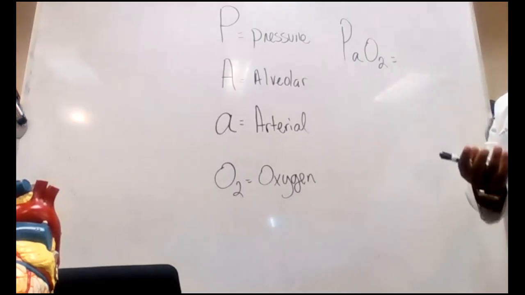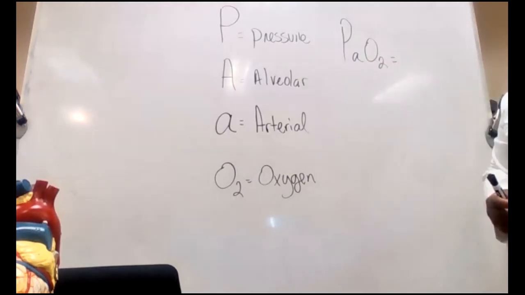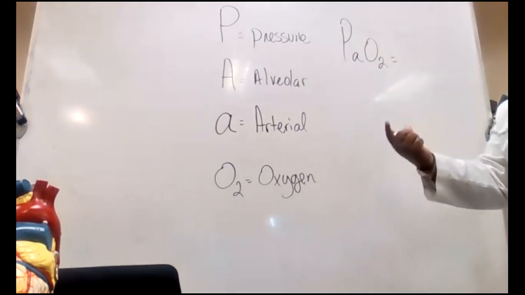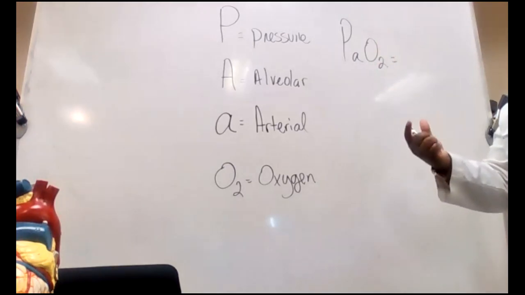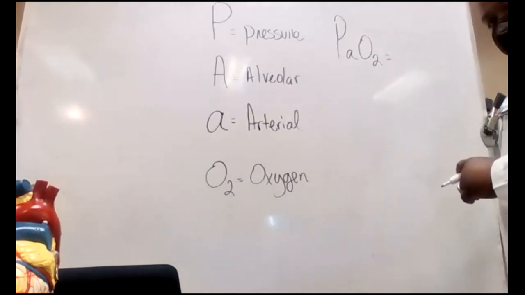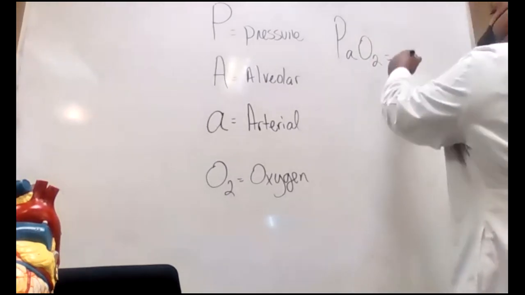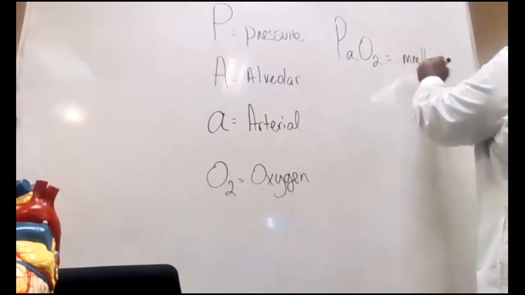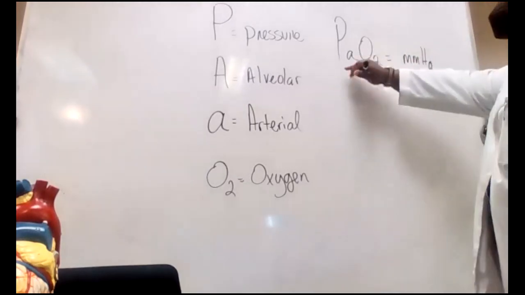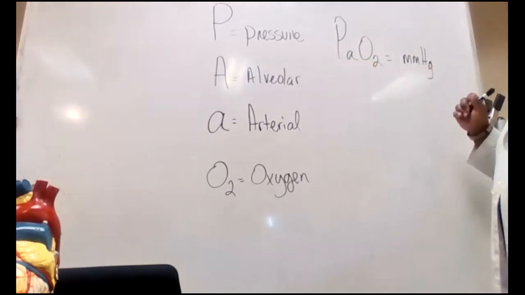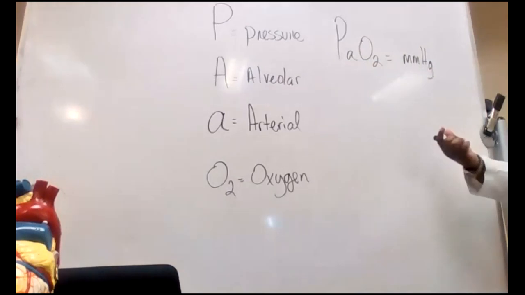That's the pressure of the blood inside of the body, right? What is the unit of measure? Millimeters of mercury, good. mmHg. So the pressure of arterial oxygen is written in millimeters of mercury because it's inside the body, right?